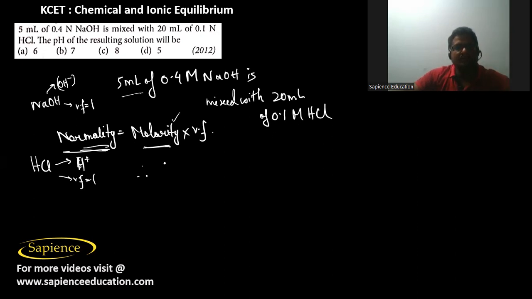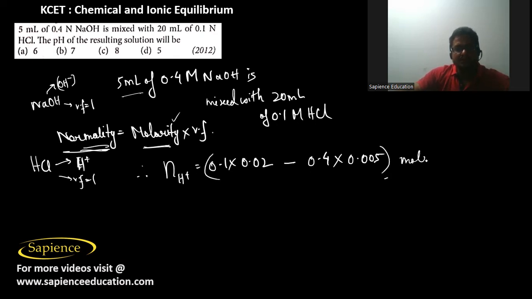Now the number of moles of H plus will be equal to M1 V1, which is 0.1 into 0.02 liter, minus 0.4 into 0.005. And the total volume of the mixture is equal to 25 ml, which means 0.025 liters.